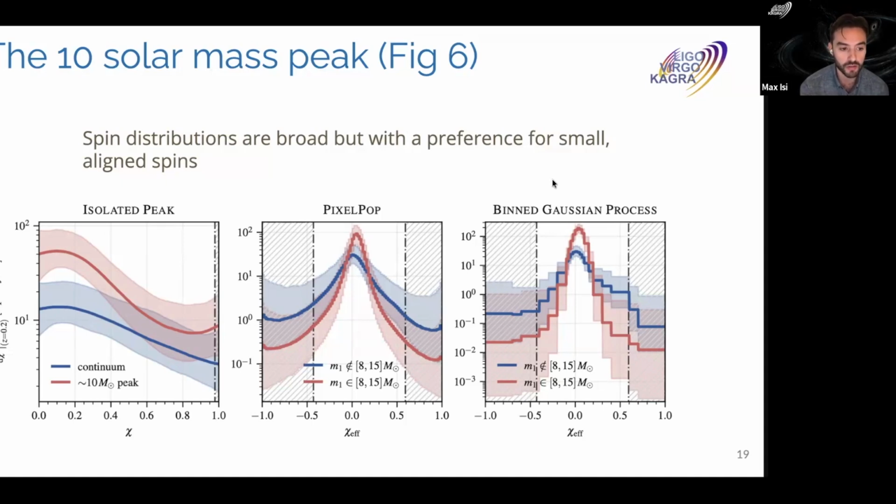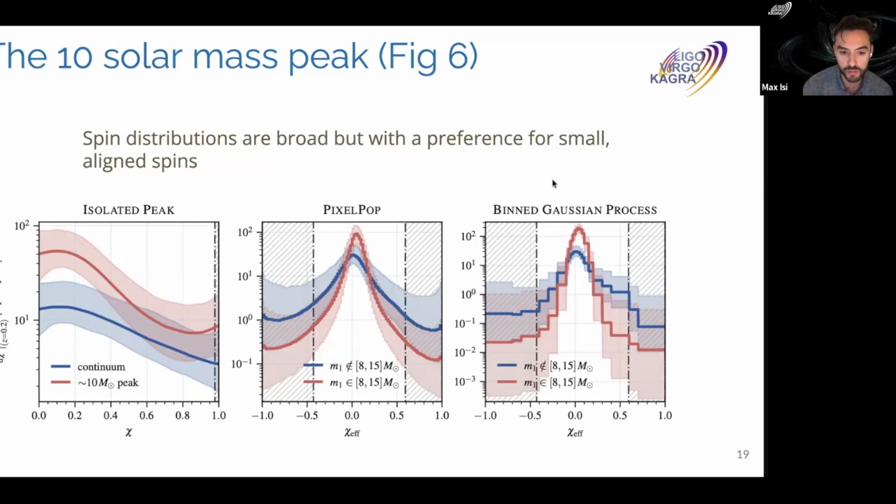You can see this on the left-hand side from the isolated peak, which models explicitly the spin magnitudes individually of each component. The red curve is quite broad. It extends from 0 to 1. It is more peaked towards lower values than the continuum. So there is a preference for smaller values, just as we saw with the whole population, as Sharan mentioned earlier.